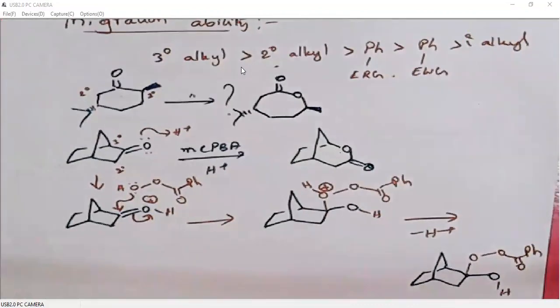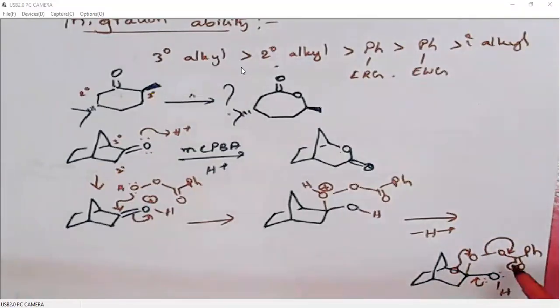Then this lone pair on oxygen will again be polarized towards the carbon, so that it regenerates the carbon-oxygen double bond. In that case, this alkyl group migrates preferentially, because this is a tertiary carbon, so it migrates to this oxygen, so that this peroxide oxygen-oxygen bond will break down.